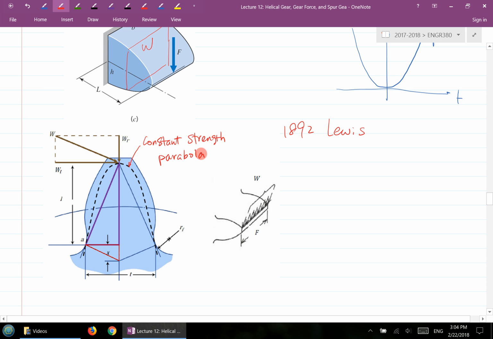So what is called the constant strength parabola? That's basically the same type of structure as I showed you in case number 2.